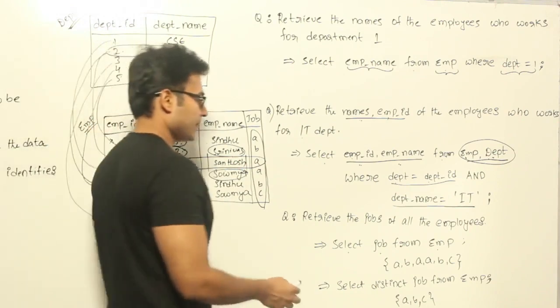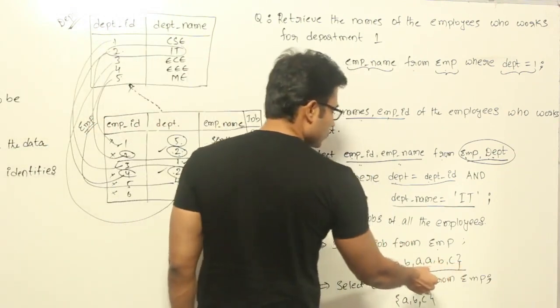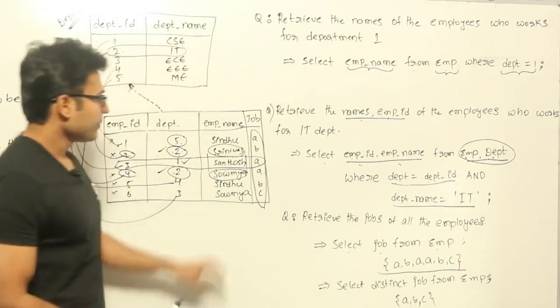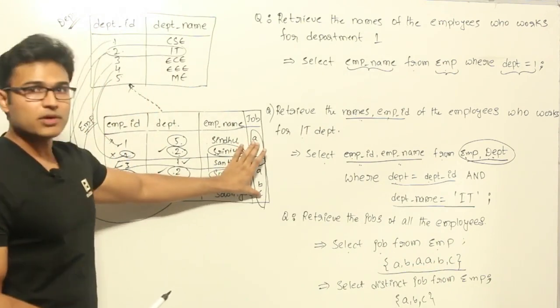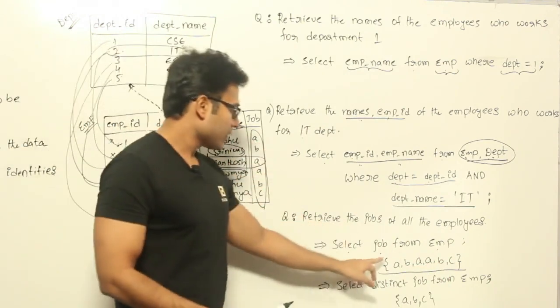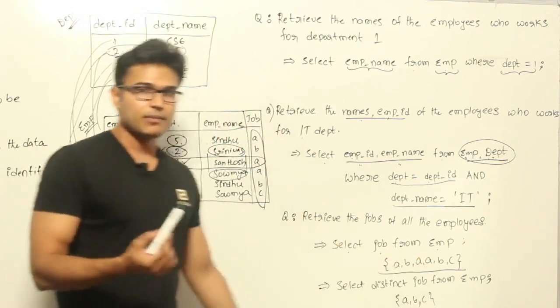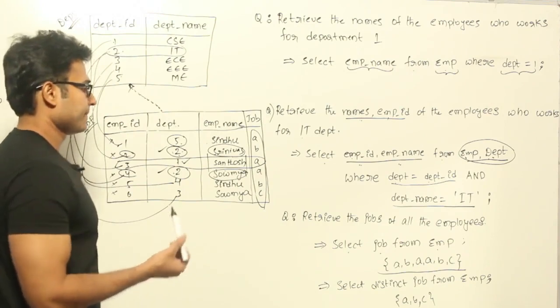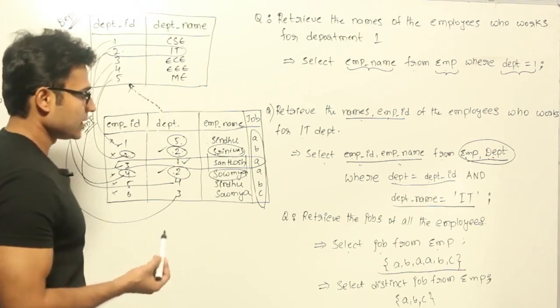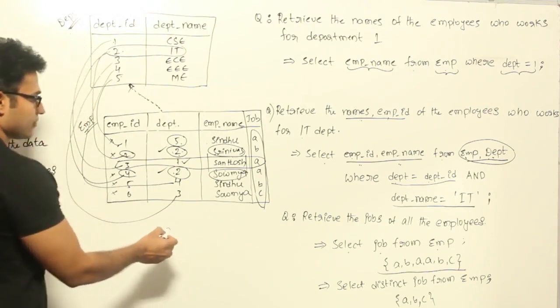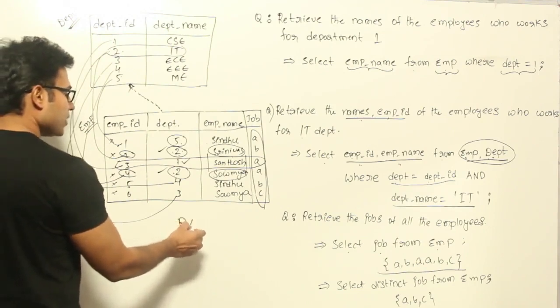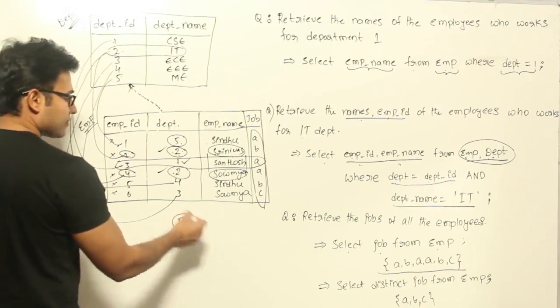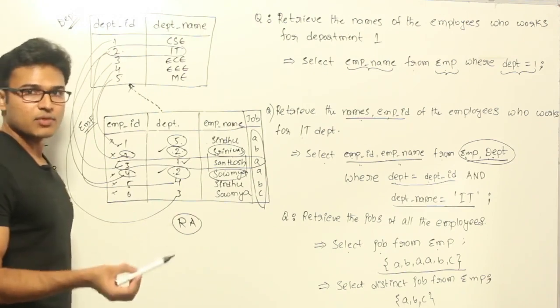Now, if you observe, the output is going to contain some duplicates as well. The entire data whichever you get here will be displayed. Now if you observe this, there are duplicates. The main difference between the projection that you use in relational algebra and the select you use in SQL is that in relational algebra, everything is a set.